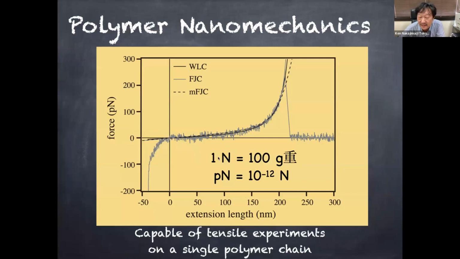You know the Newton, of course. One Newton corresponds to 100 grams, but pico is 10 to the minus 12. So how small is it? But still, AFM can detect such a small force response upon a stretch.